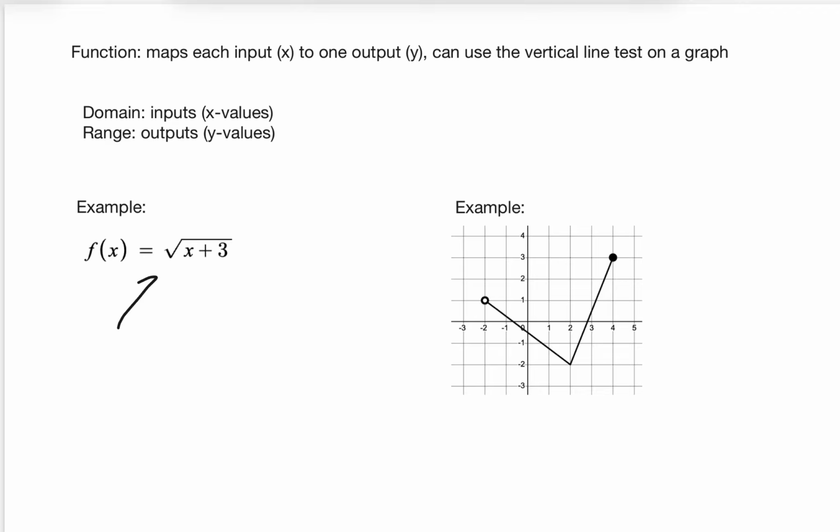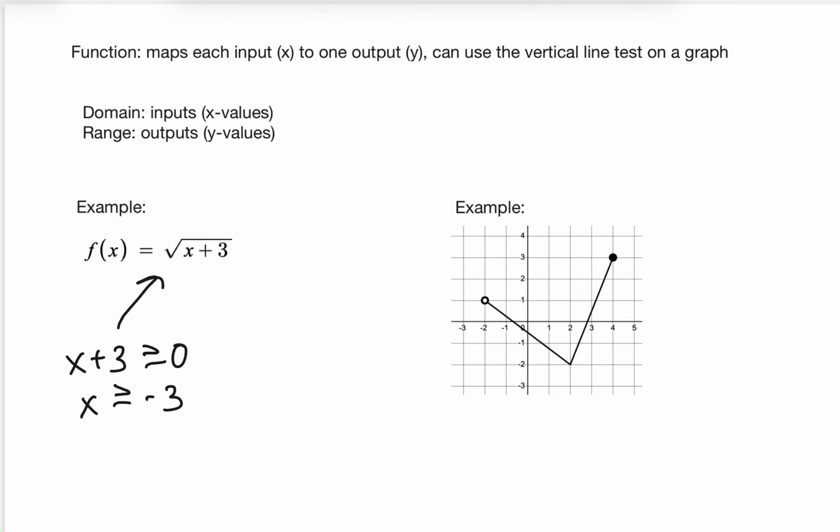So this example that we're looking at right here, we have a square root. So we know that x plus 3 needs to be greater than or equal to 0 in order to make that function defined. So if we solve this, we know that x has to be greater than or equal to -3.